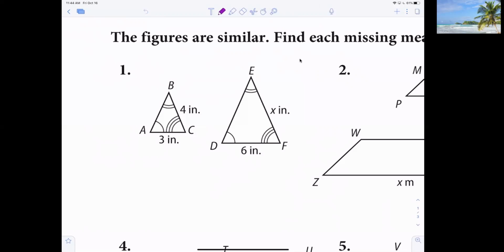Or you could just say what? 6 times 2 is 6. How much bigger is this triangle than this one? 2 times bigger. That's all you have to recognize. It's just 2 times bigger.